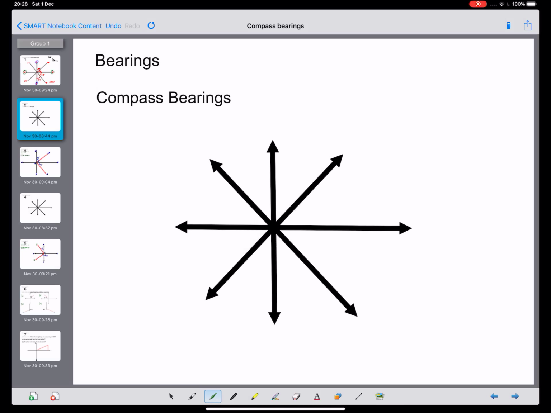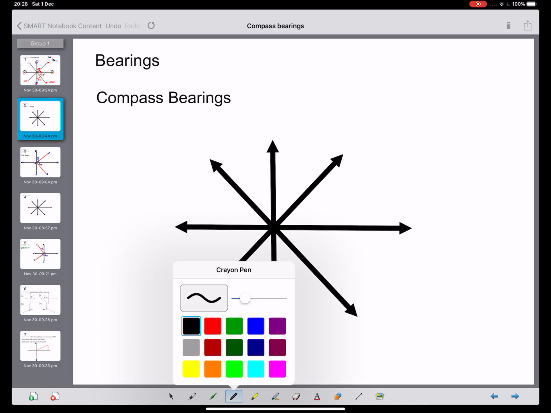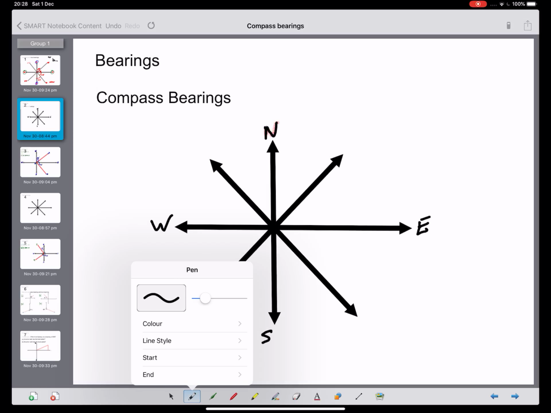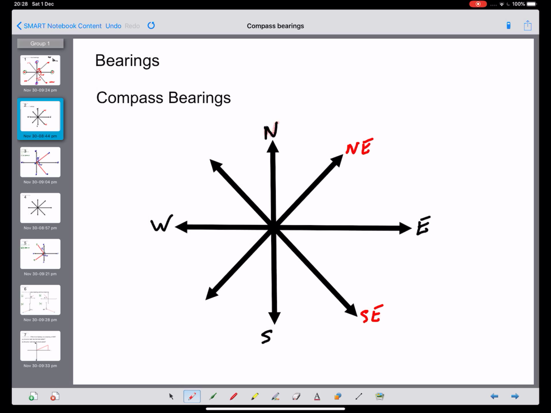Let's just relabel our compass: north, east, south, west, and we can further split these into northeast, southeast, southwest and northwest. Okay, so I'm just going to give some examples of a compass bearing.